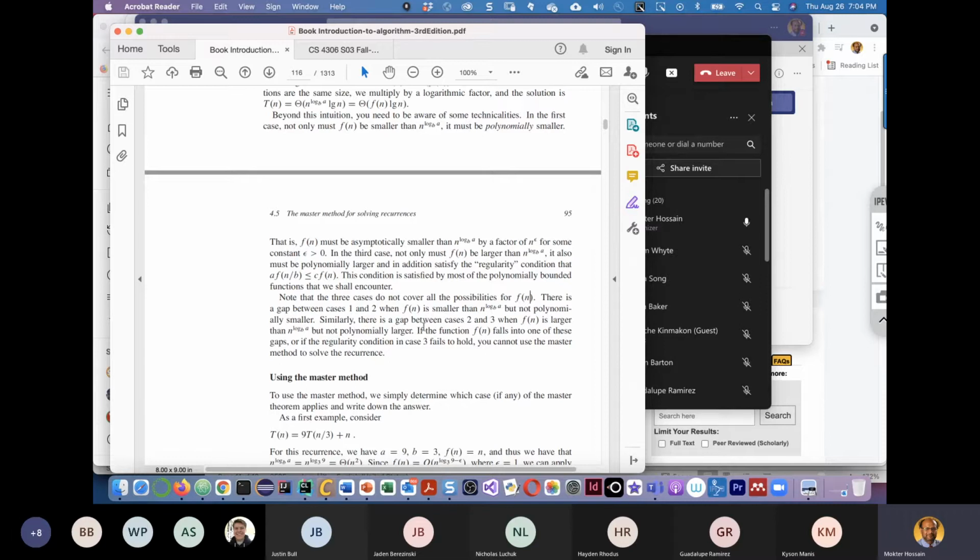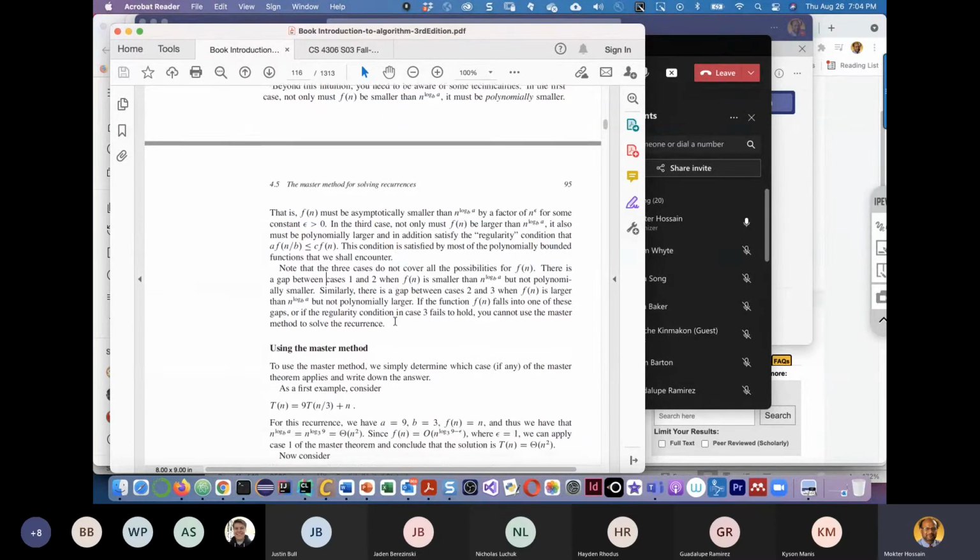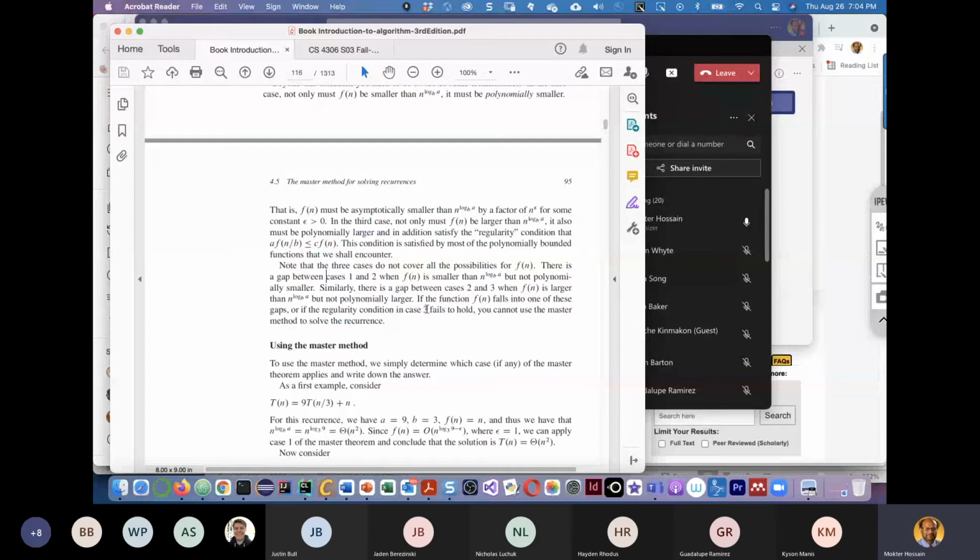Similarly, there is a gap between case 2 and case 3 when f(n) is larger than this, but not polynomially larger. I will discuss what is meant by polynomially larger at the end. So if the function f(n) falls into one of these gaps, or if the regularity condition in case 3 fails to hold, then we cannot.